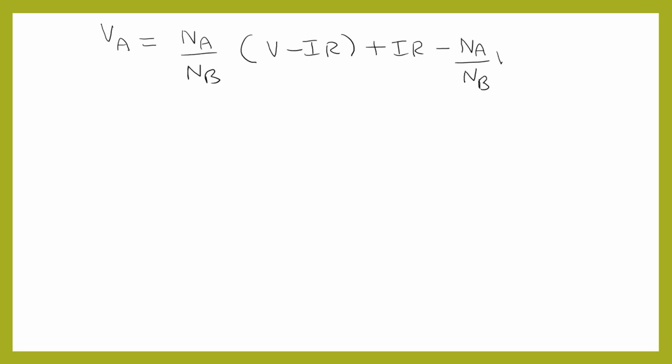Therefore, VA is NA by NB into V minus IR plus IR minus NA by NB into VA.